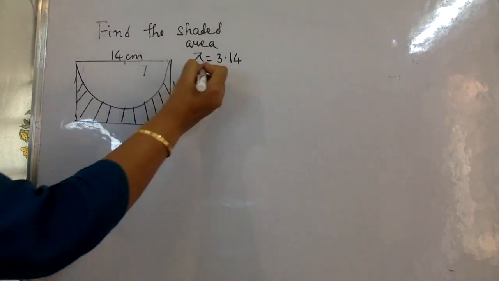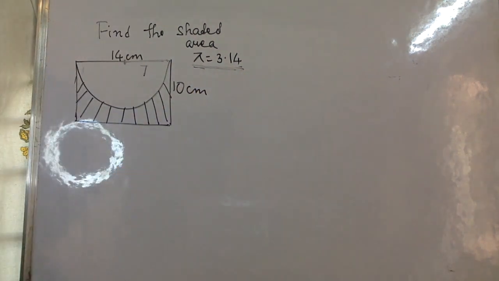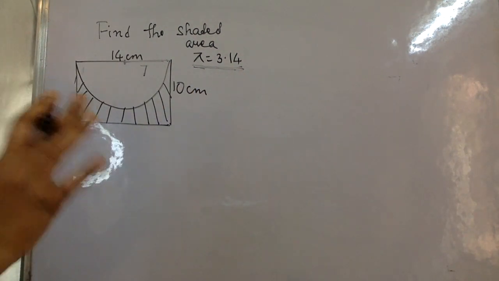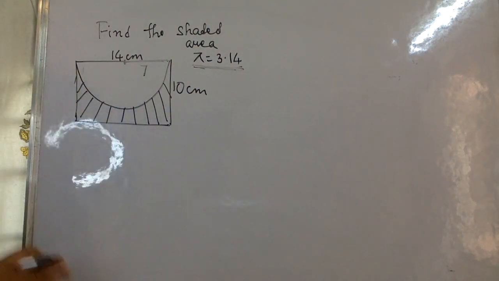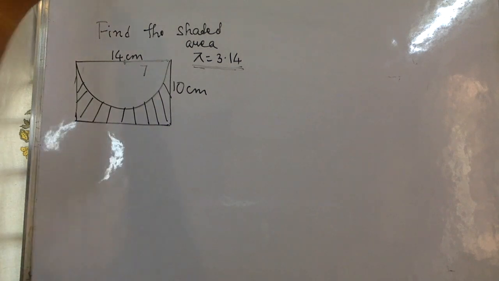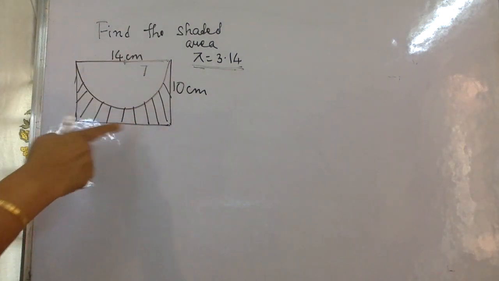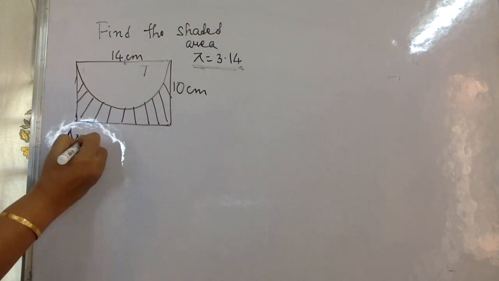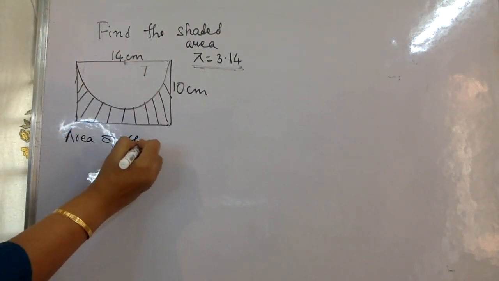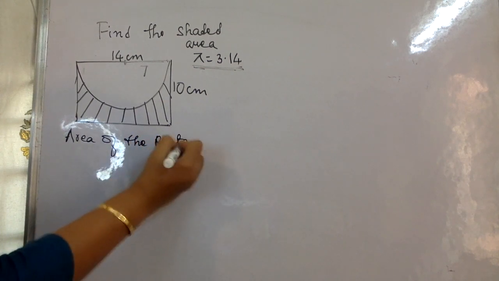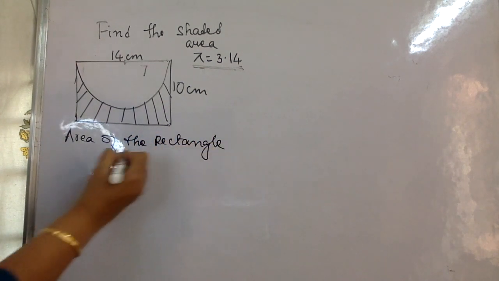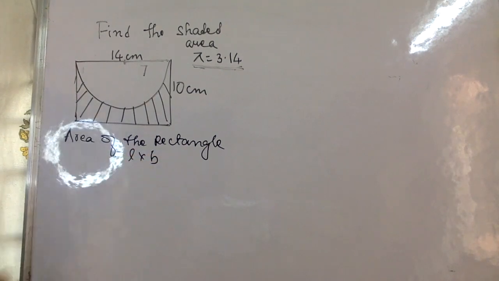Now they have asked us to use pi as 3.14, and not 22 by 7 in this sum. So what will we do? First thing is we will find the area of the rectangle. The rectangle's area is length into breadth.